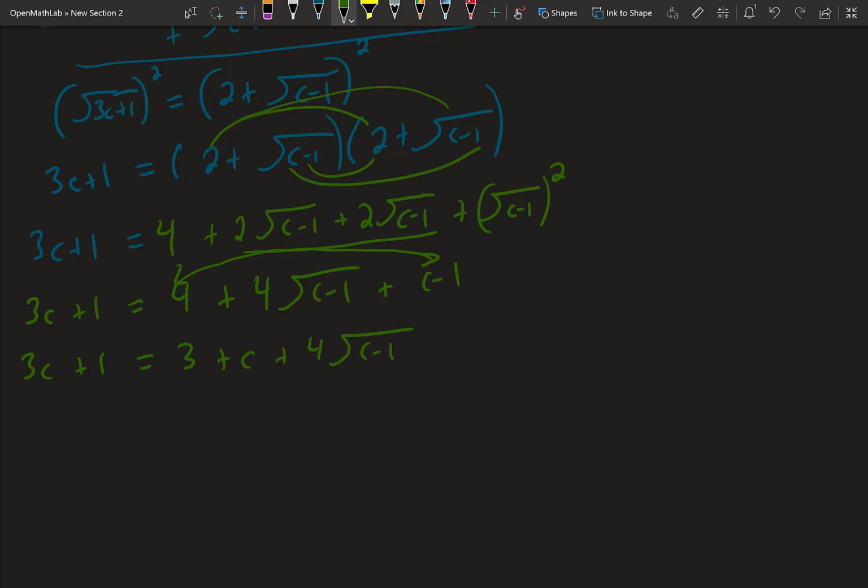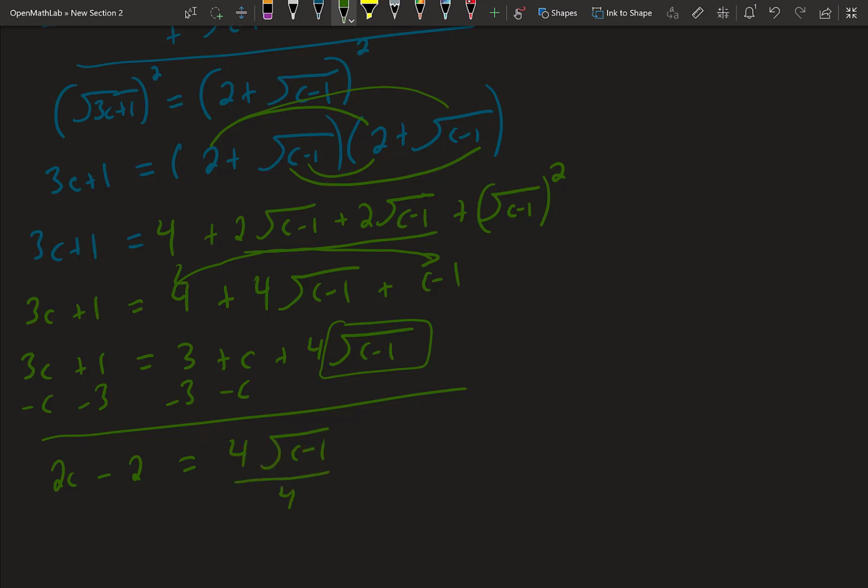And then now what we need to do is to isolate the square root, right? So we want to isolate this guy. So first, I would want to subtract 3 from both sides and subtract c. So what I get is 2c minus 2 equals 4 times the square root of c minus 1.